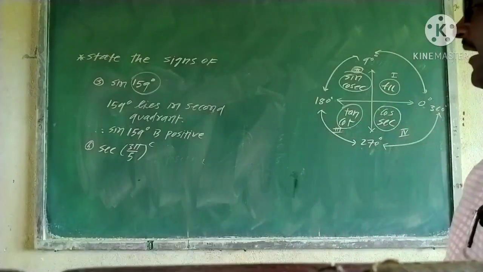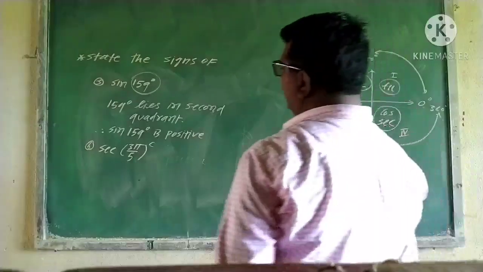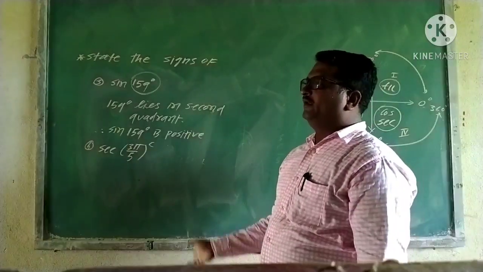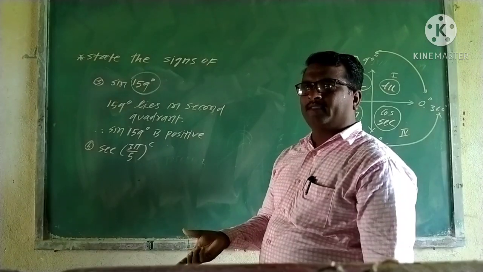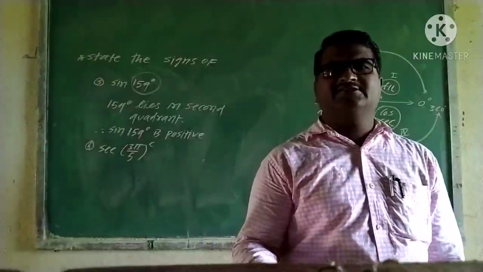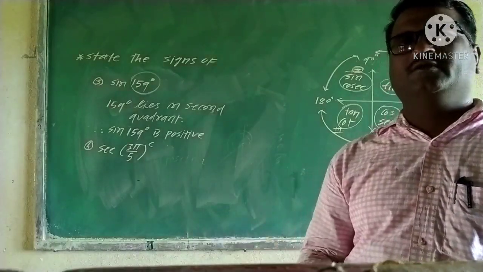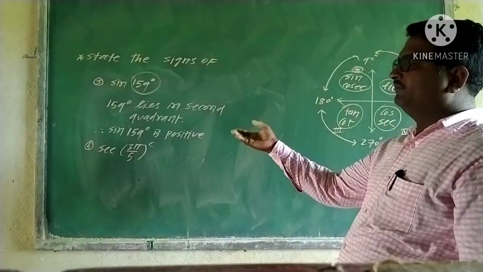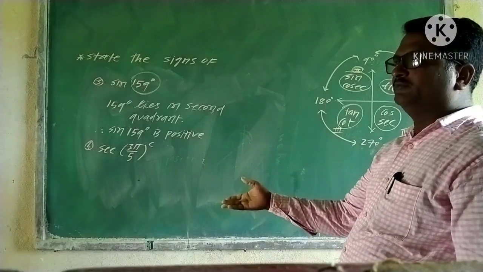Here the given angle is in radian. We can convert this angle into degrees, and then say in which quadrant the given angle lies, and by using this concept we can say whether the value of sec of 3 pi upon 5 is positive or negative.